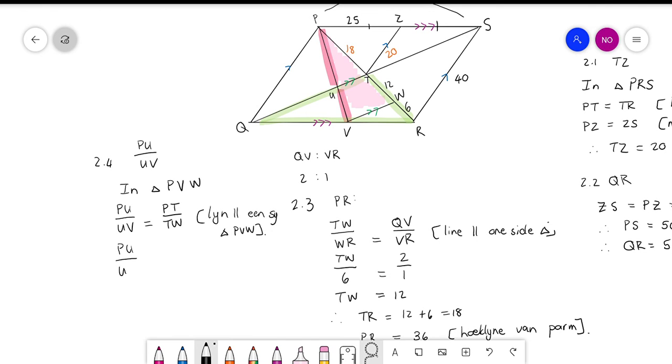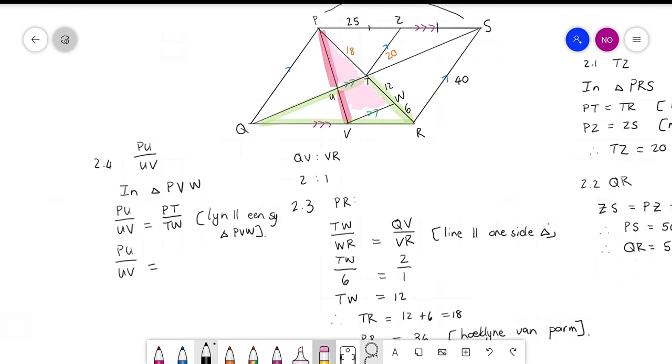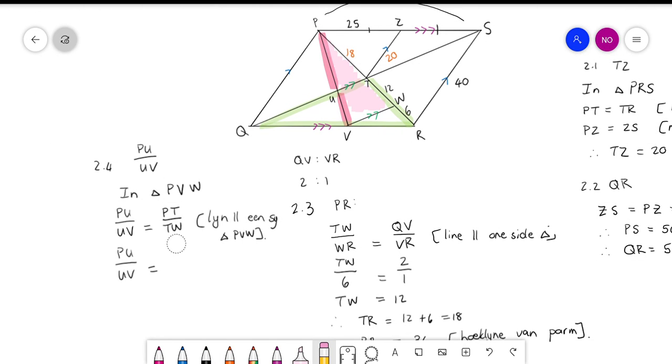PI op IV is dan gelyk aan PT, het ons klaar uitgewerk, is 18. TV het ons klaar uitgewerk, is 12. En dan vereenvoudig jy hom net. 3 op 2. Okay. Graad 12's, hierdie werk is nie maklik nie. Jy moet leer om hierdie goeders te soek vir driehoeke wat jy moontlik kan gebruik.